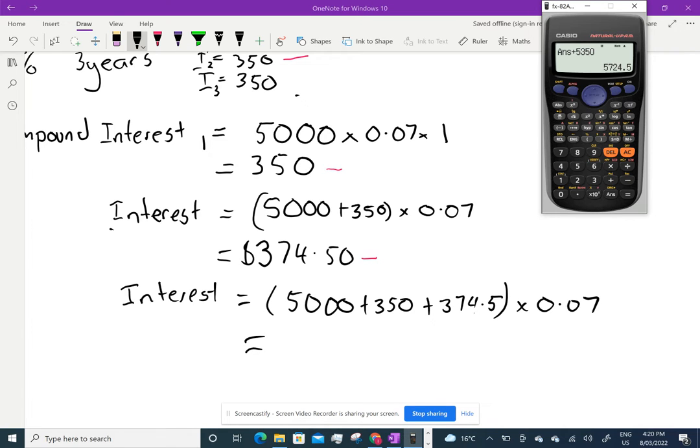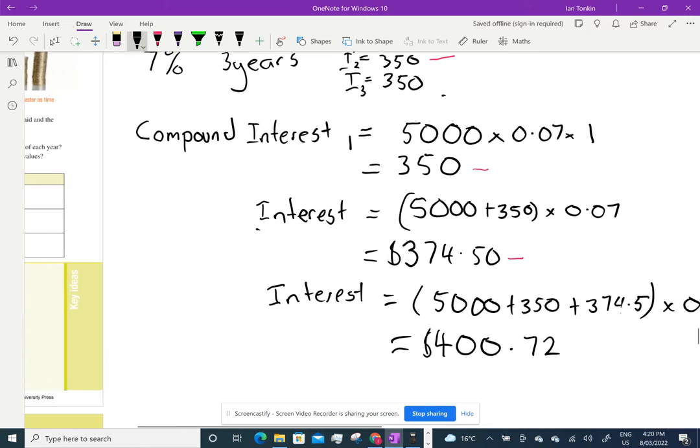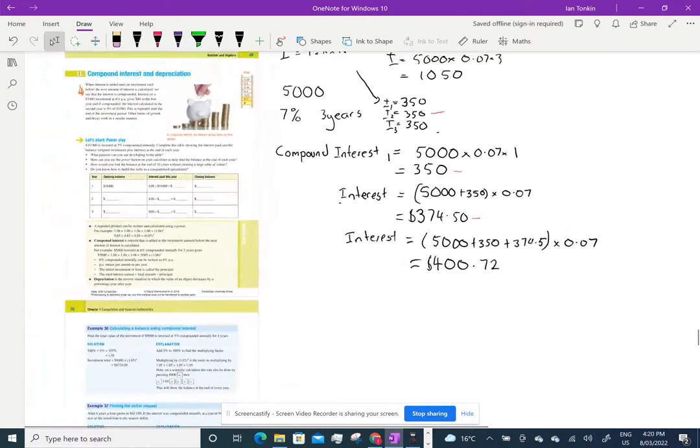That's what that is, times 0.07. So by the time the third year has come around, the interest is $400.72. And look how much it's gone up. It's gone up a whole $50. And that's because we're earning interest on the interest.